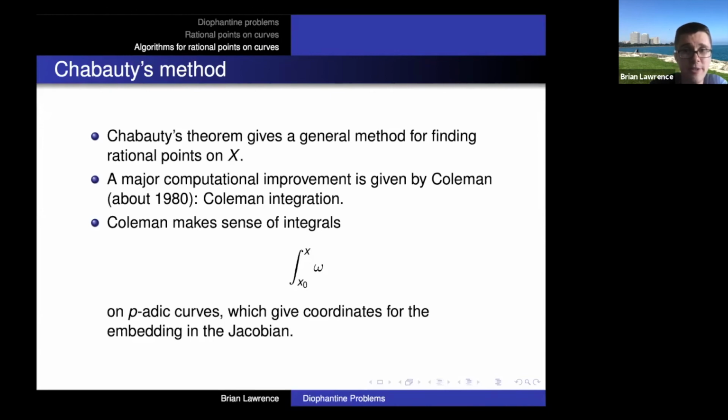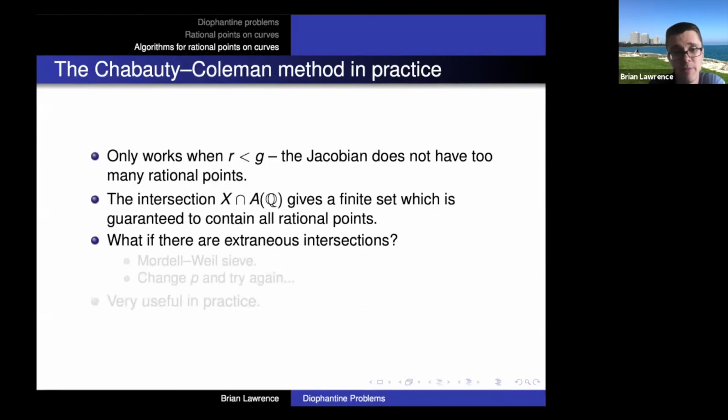And so Coleman developed this theory of p-adic integration that lets you make sense of this differential and gives you a computationally efficient method for computing coordinates on the Jacobian. And so Chabauty's method with Coleman integration is a very powerful modern tool for rational points on curves.